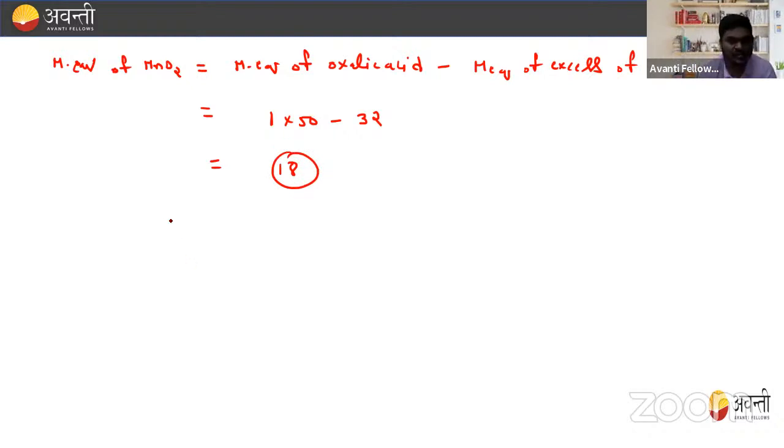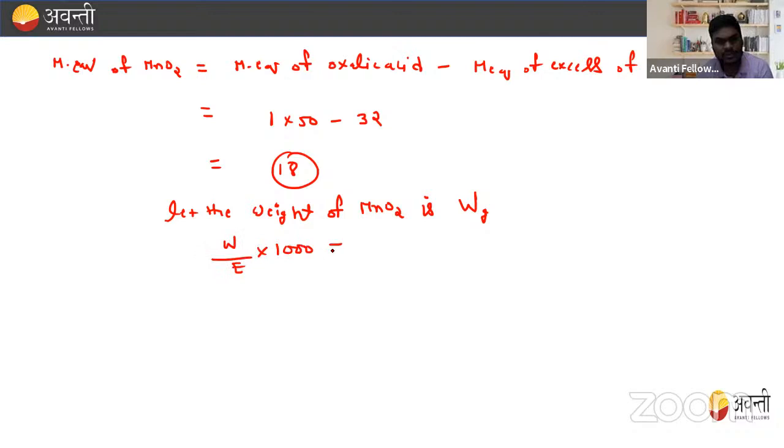Now, let us assume the weight of MnO2 is W gram. So what is this equal to? W upon E into 1000 is equal to 18, right? The equivalent weight is nothing but 87 upon the valency factor.